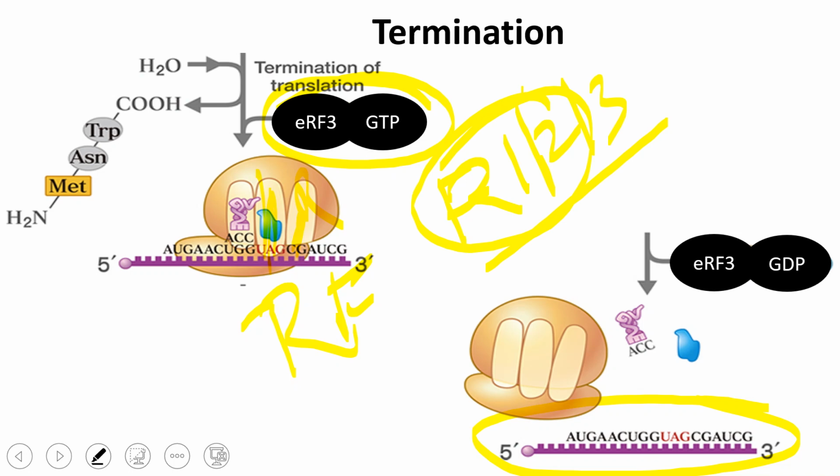In eukaryotic cells, we have only one releasing factor, that is RF1, which recognizes all three stop codons. So ultimately, this peptide will be released and protein synthesis has been done. All the factors have been released. So this is protein synthesis, all the three steps: initiation, elongation, termination, along with amino acid activation.